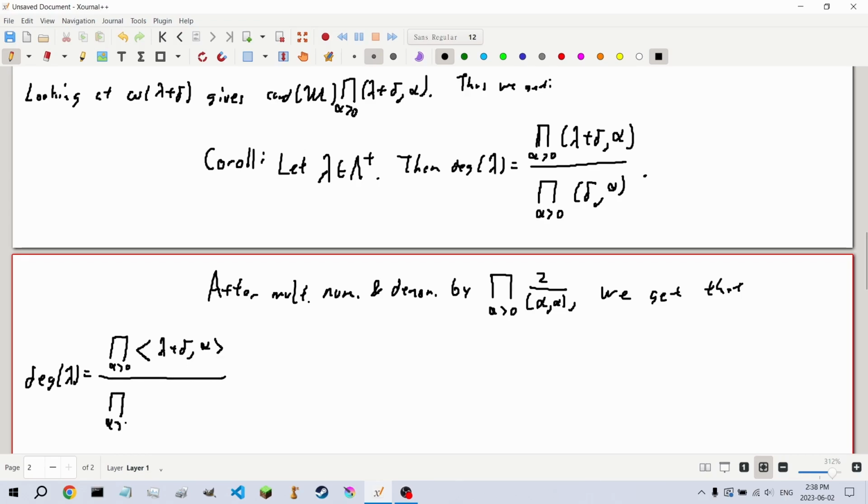That term multiplied on top and bottom is a kind of conversion factor that's the same for both. And this is a quotient of integers, which is the key idea here.